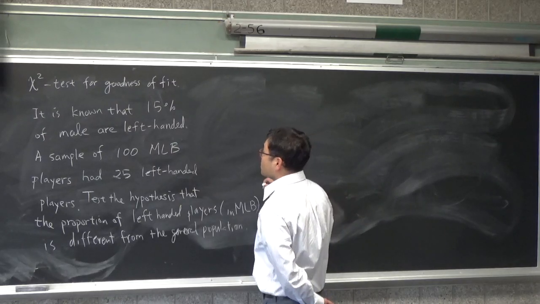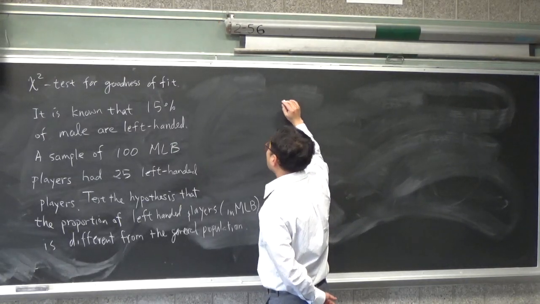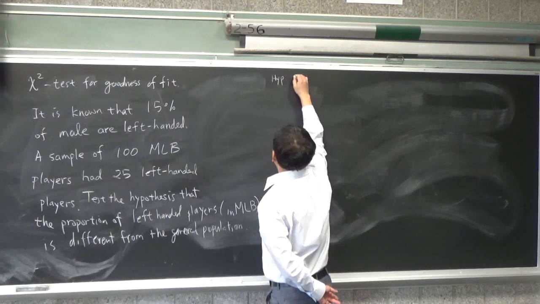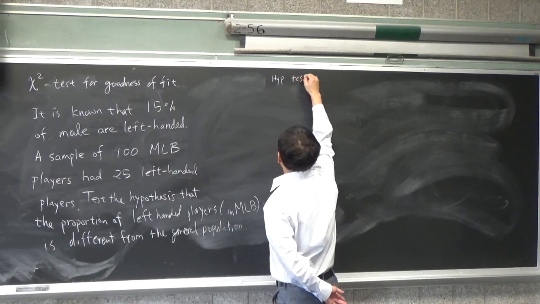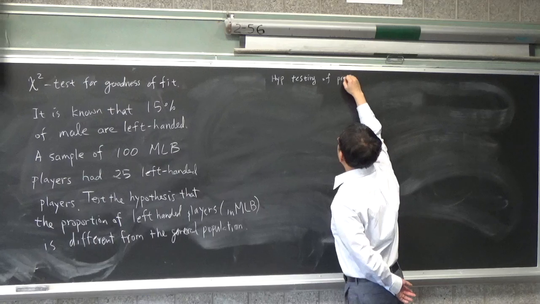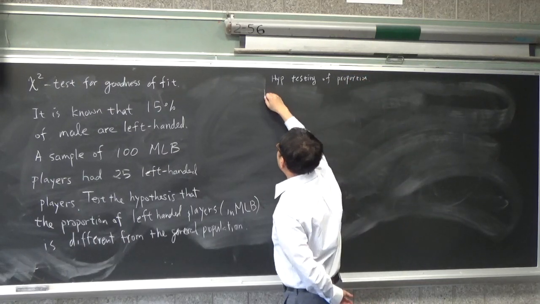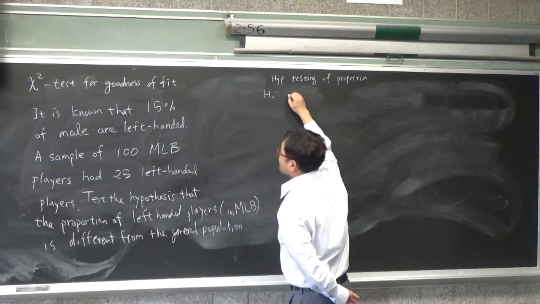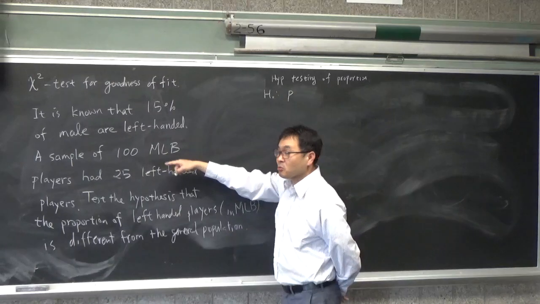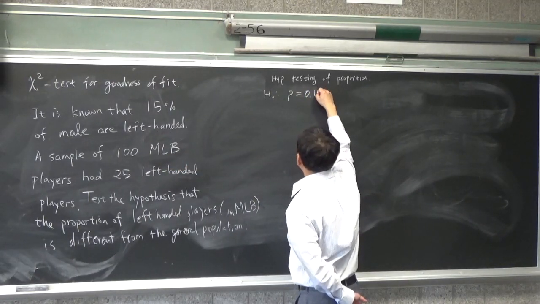Well, see, if we were to do the hypothesis testing of proportion, you would start by H0 being that the proportion for the MLB players is equal to 0.15.